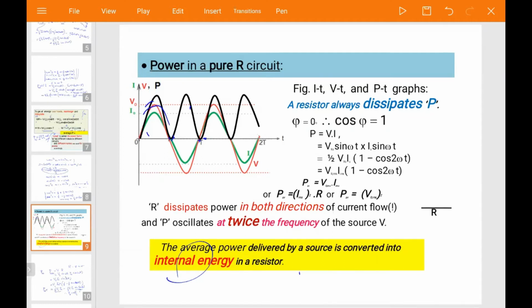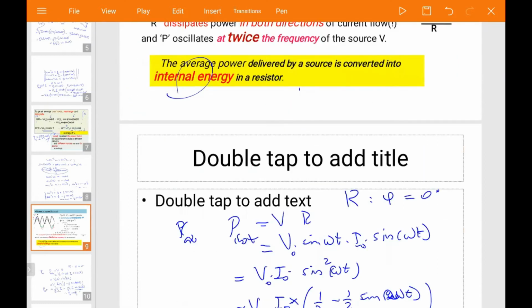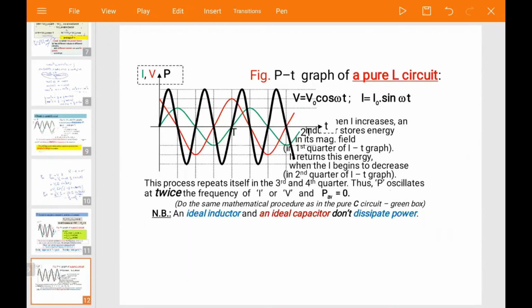So what happens if you have a pure L circuit or a pure C circuit? It doesn't matter, pure L or pure C or LC. In the case of a pure L circuit, you know that the voltage leads current by 90 degrees. So the phase angle is 90 degrees. All right? So what happens to the power?